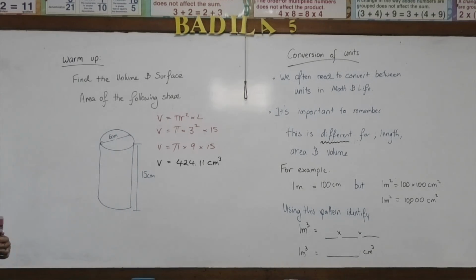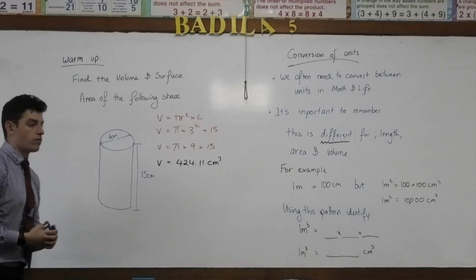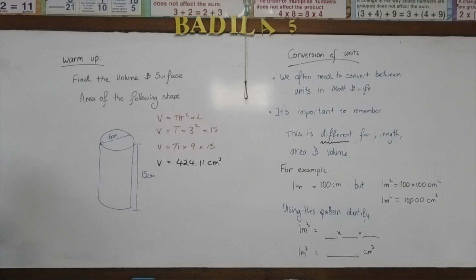Happy with that? Now for our surface area, Sam, what's the best thing that we should do before we start any surface area of any three-dimensional shape? Write down the formula. Formulas can be hard to remember off the top of our head though, can't they? So if we're a bit unsure, what should we do before that? Draw the net.